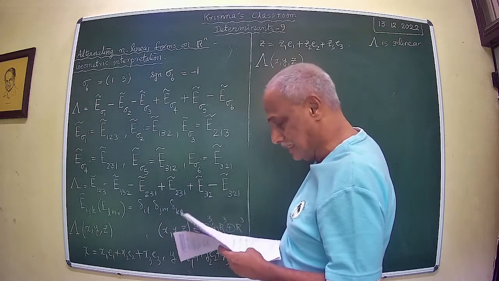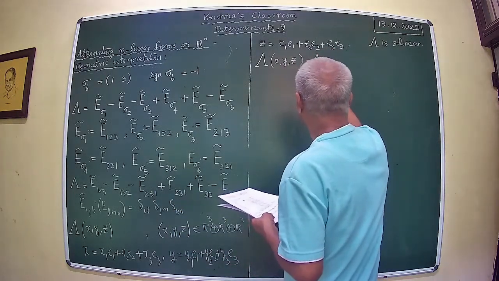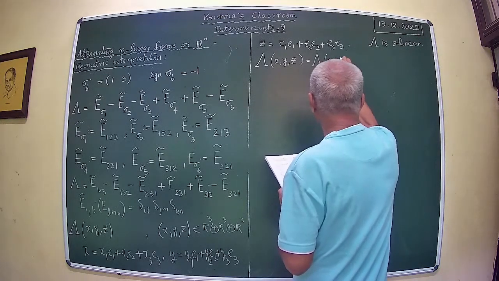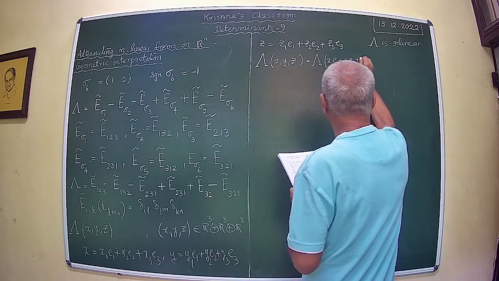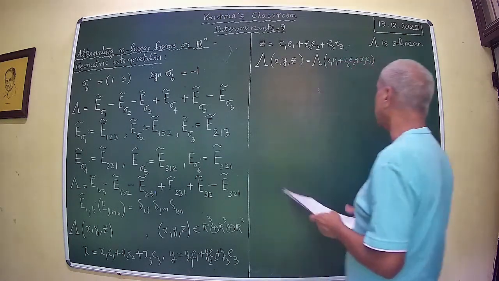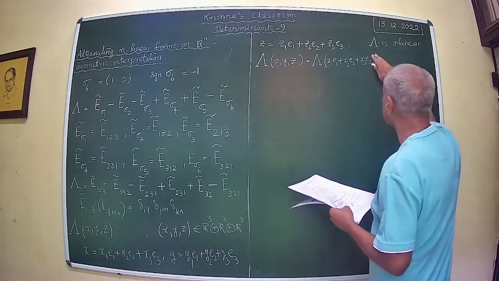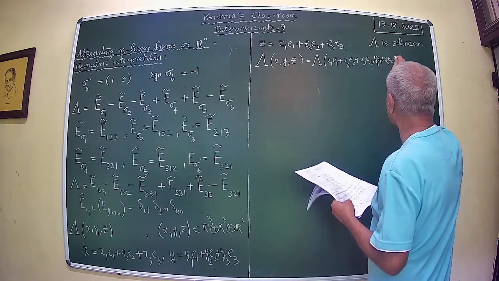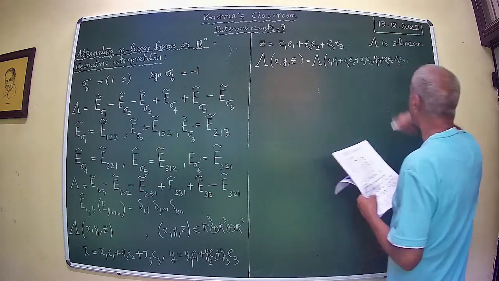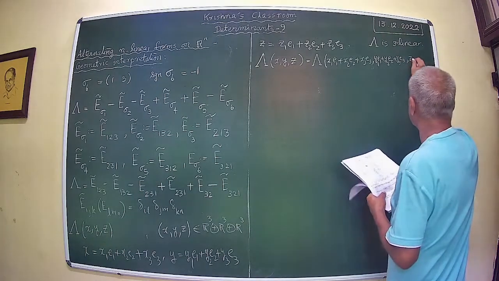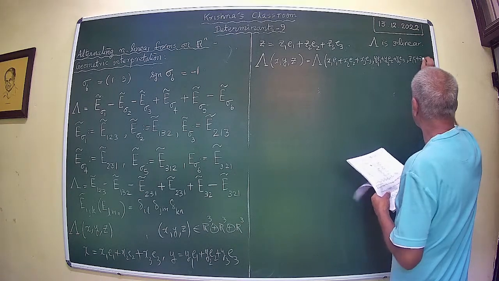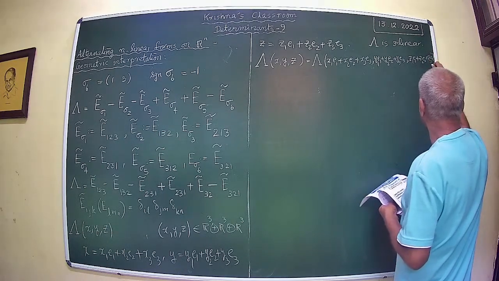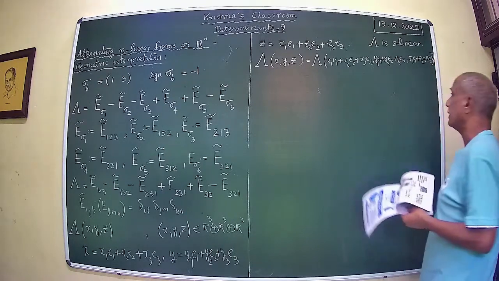Using that, we write this as lambda of x1 e1 plus x2 e2 plus x3 e3, comma, y1 e1 plus y2 e2 plus y3 e3, comma, then z1 e1 plus z2 e2 plus z3 e3.